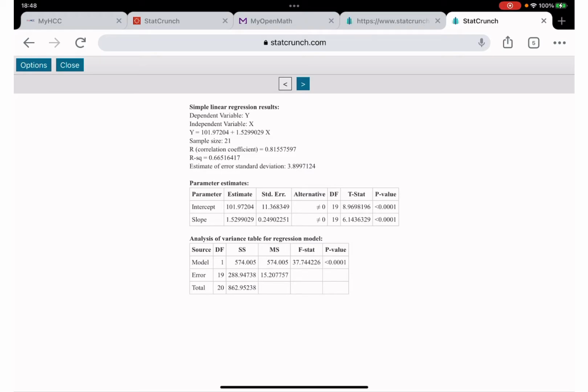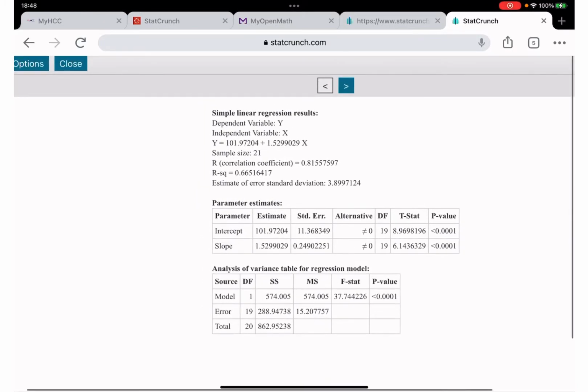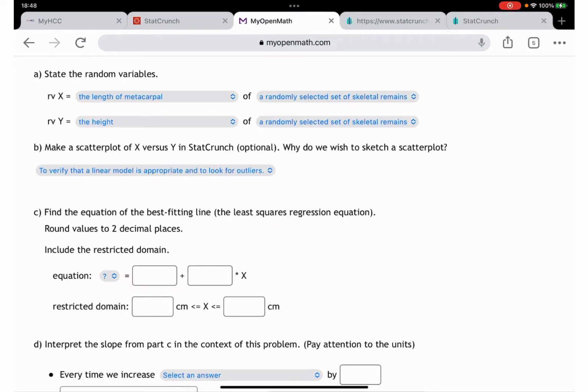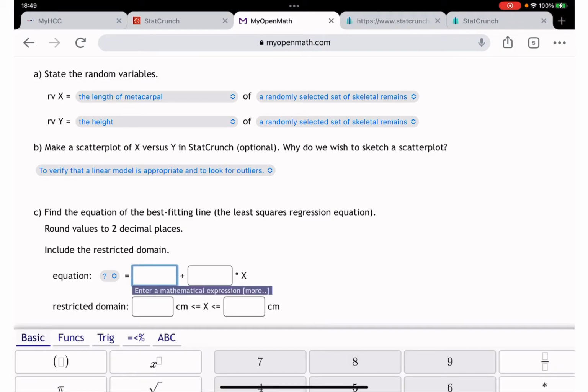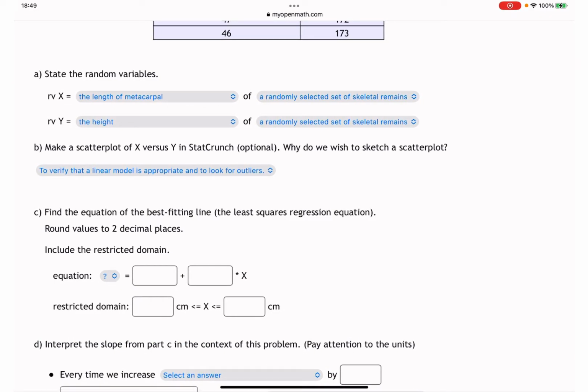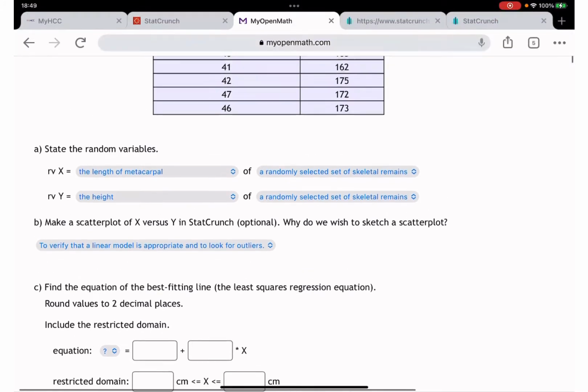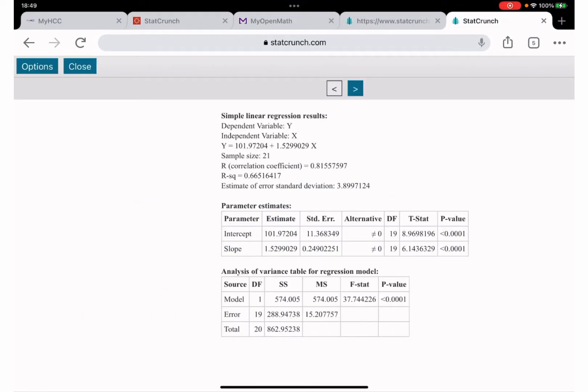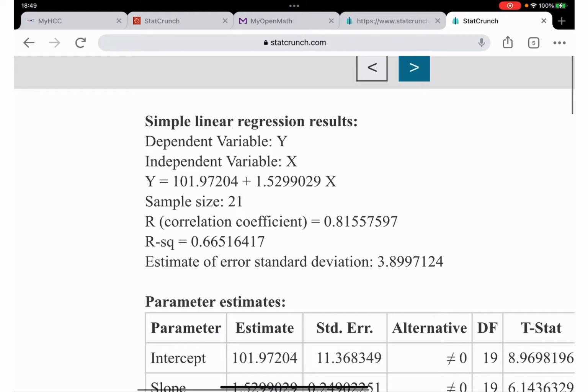There we go. So what do we have here? Let me see again what I need to find. We are going to find our equation. Here it is. Y is equal to 101.9724. Let me copy this. And we need to round to 2 digits, right?